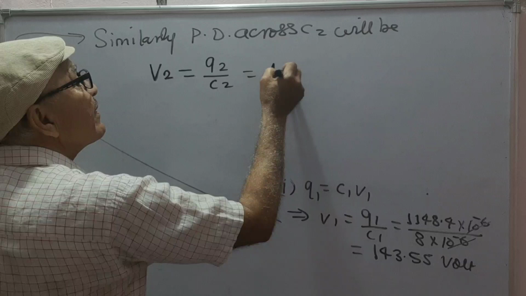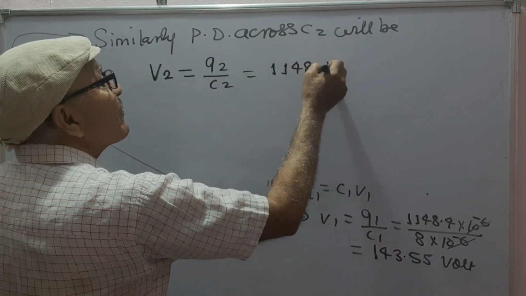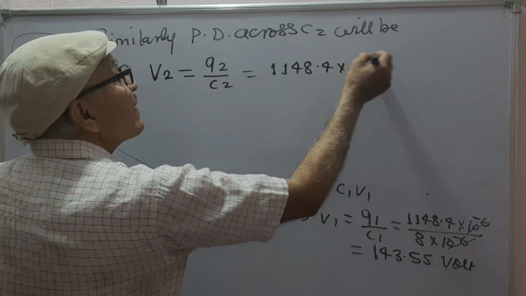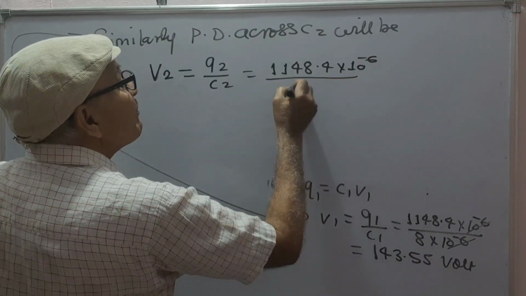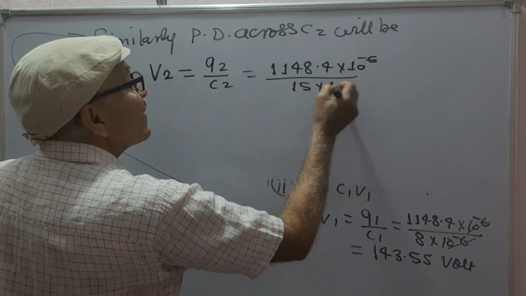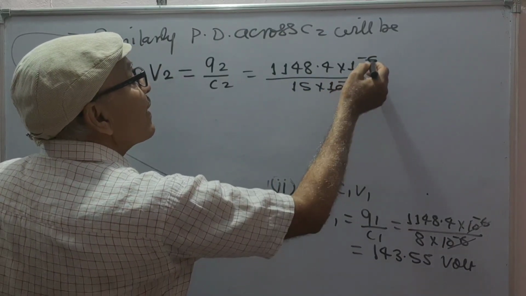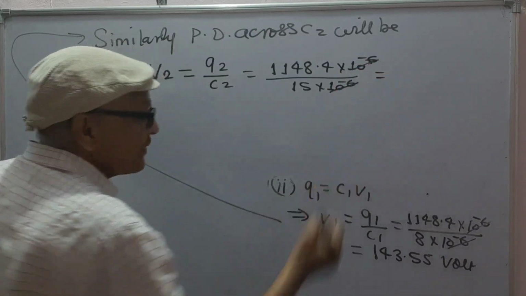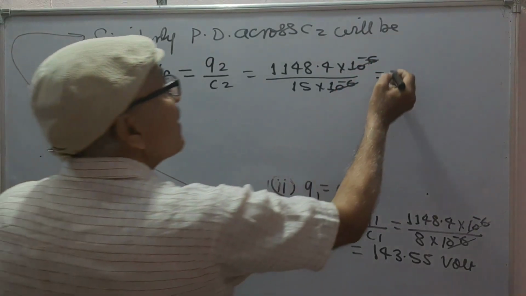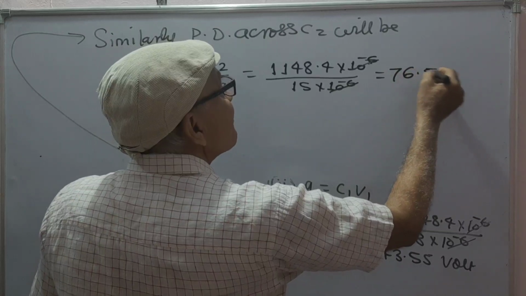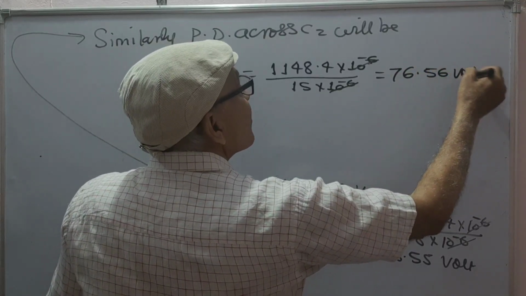Q2 is 1148.4 into 10 to minus 6 upon C2, 15 into 10 to minus 6, which gives 26.56 volt.